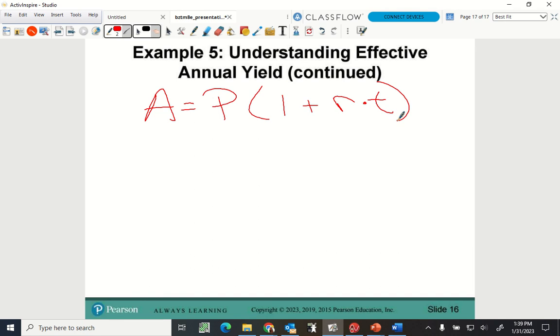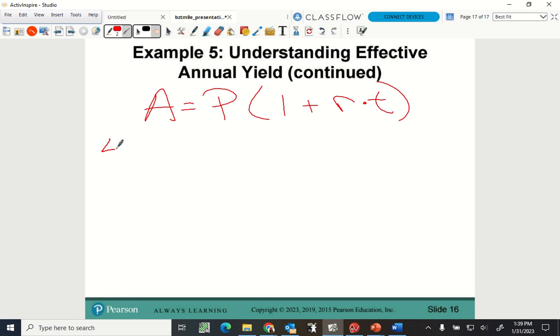Now, in this case, we're trying to compare the rate of this one that was given to you to what it would be if it was a simple interest problem. So now I know what my A is. What did we say A is? Future. Yep, the future.